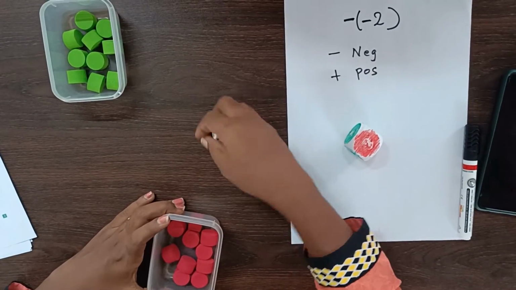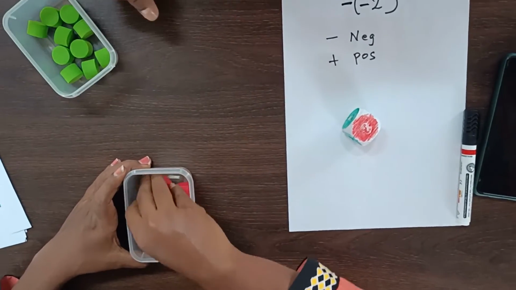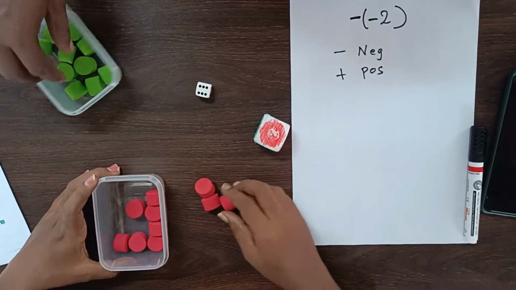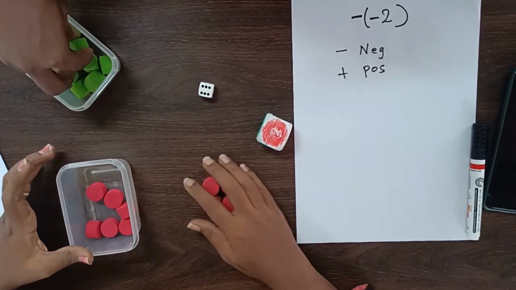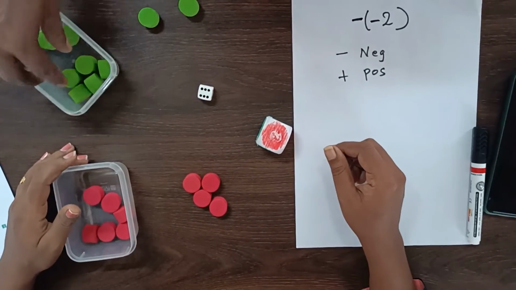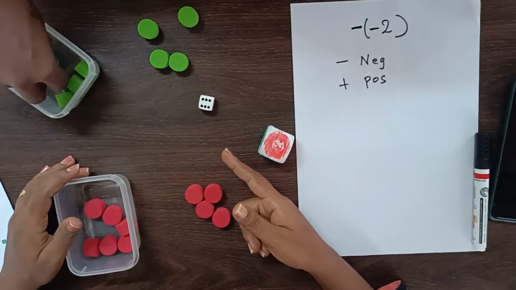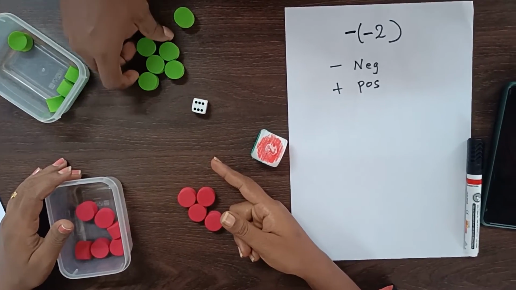And for the number, I got 4 and I take 4 red color. The opponent has got 6, so they need to take 6 green.